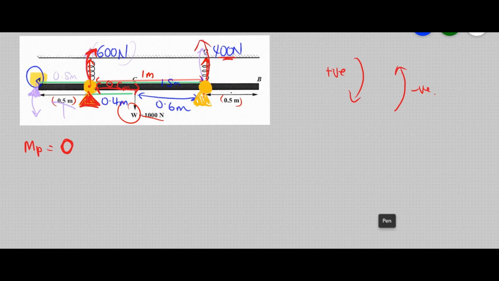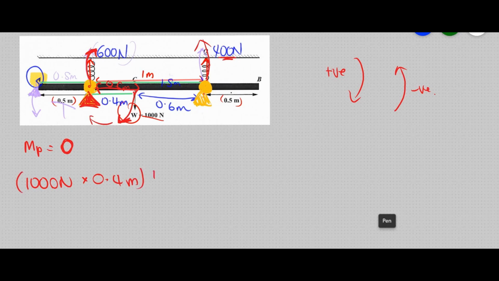Instead, that's the point at which it's going to turn. So now the moment provided by this downward force, which would be clockwise, would be 1000 newtons multiplied by the distance that we actually had, which is 0.4 meters, right?